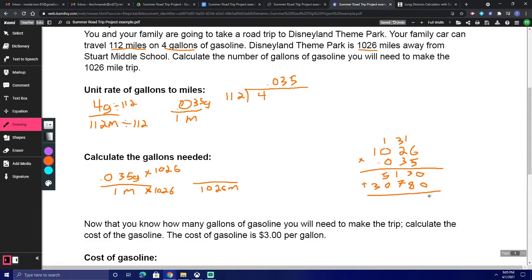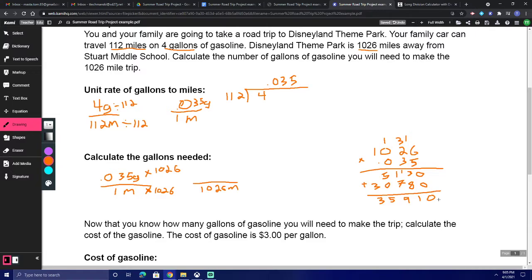0 plus 0 is 0. 3 plus 8 is 11. So I'd put a 1, carry another 1. 1 plus 1 is 2, plus 7 is 9. 5 plus 0 is 5. And then 3 plus nothing is just 3. Remember, when I'm doing multiplication with decimals, I have to come back and check how many numbers are behind my decimal.